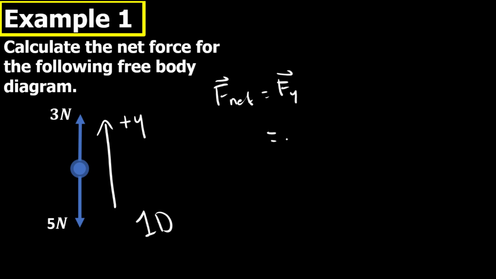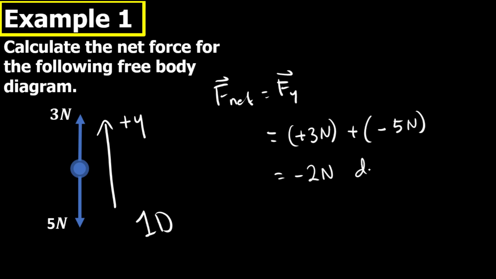The 3 is in the positive y direction, and the 5 is in the negative y direction. So what I have is negative 2 N, downwards. That's fairly simple. You just add those forces together.